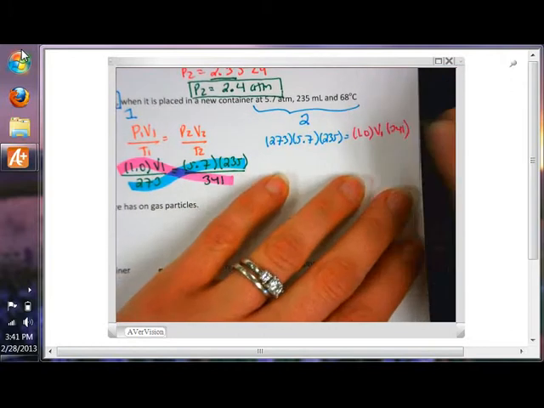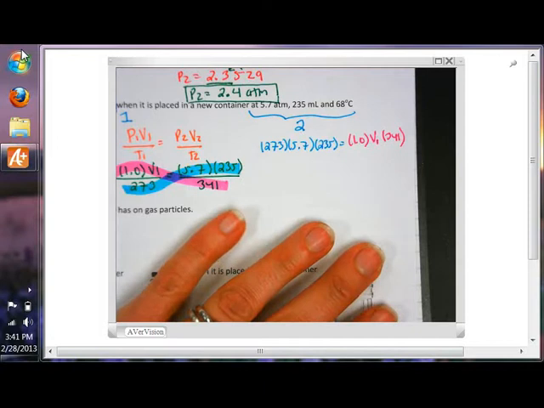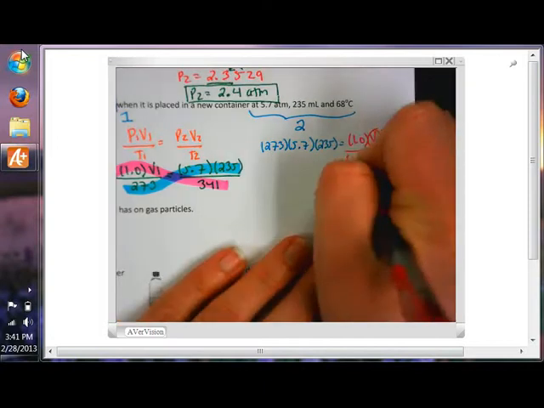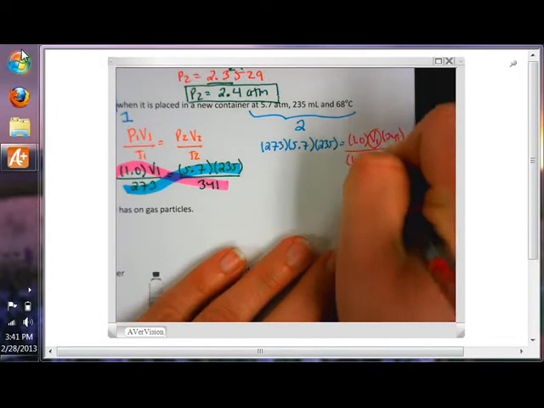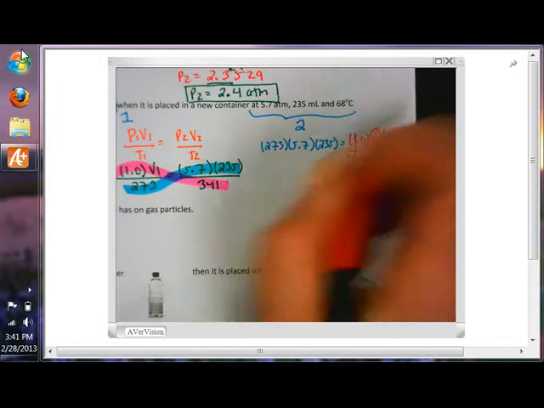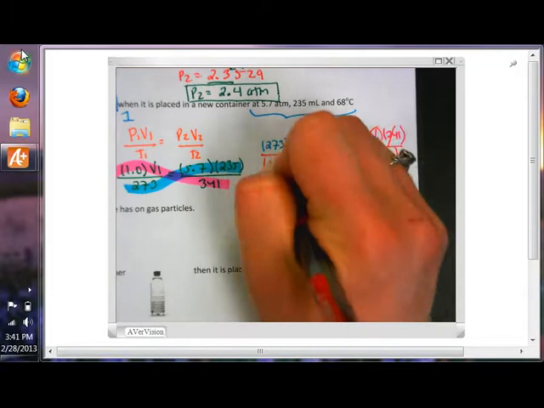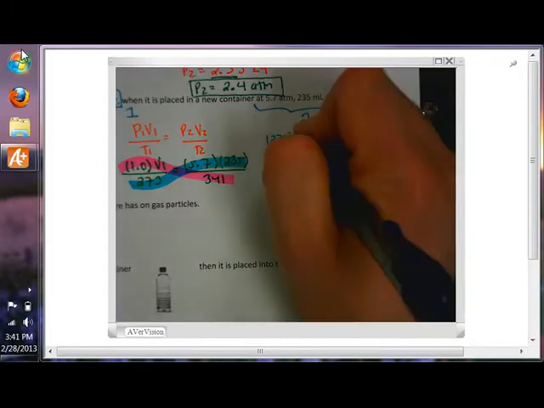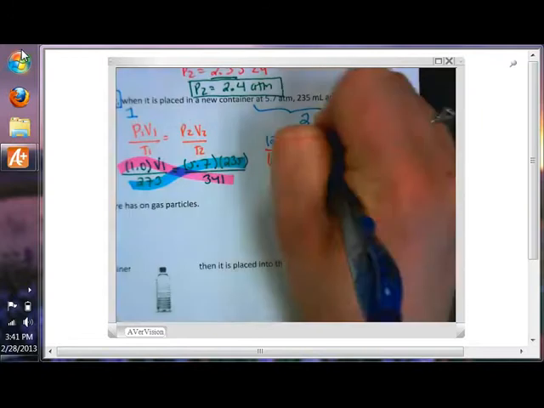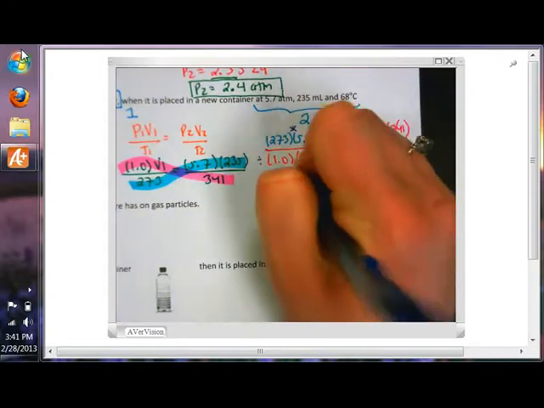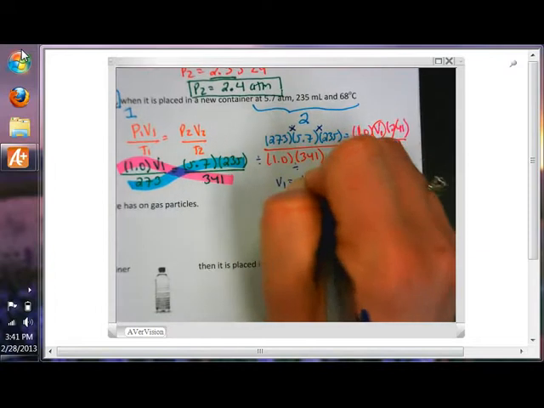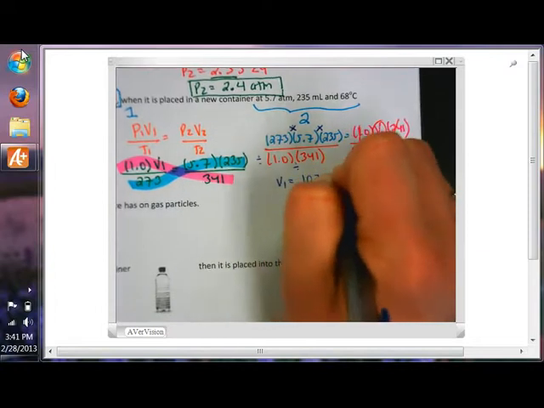So I want to solve for V1. So I divide each side by 1.0 and 341. And make sure you multiply, and then hit divide and divide. And your calculator is going to spit out V1 equals 1072.3.